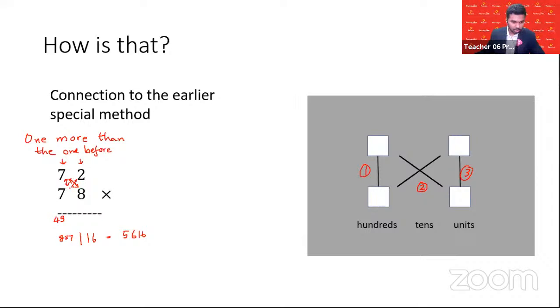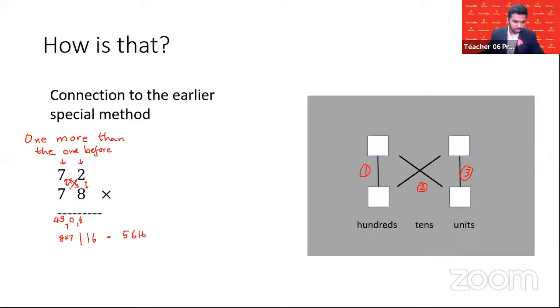What is that? 7 times 8 is 56. Again, plus 14. What is 56 plus 14? Yeah, it is 70. 70, we have to write it something like this. Again, the last part is 2 times 8, which is 16. 16 is written as it is.